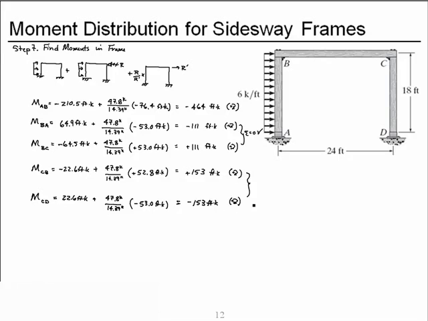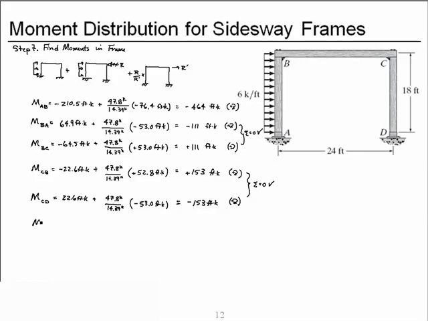And again, there are only two members framing in at node C. There's no couple moment applied at node C. The summation of the two is 0, and that's exactly what we expect.